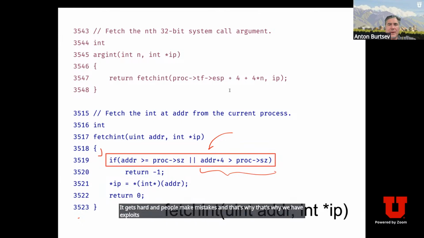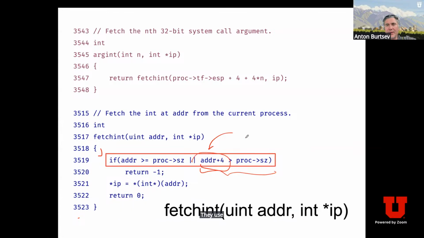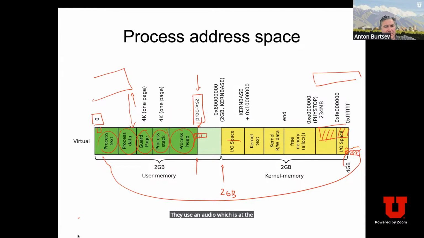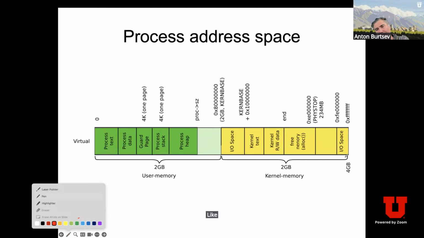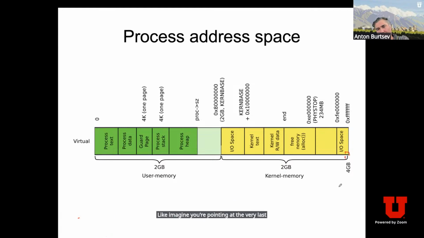Okay, let me stop here because I'm running out of time. Can you please repeat the answer? The answer is that if you just blindly check the address plus 4, the user value is at the very end of the address space. Let me just repeat the figure again. Imagine you're pointing at the very last byte of the address space.